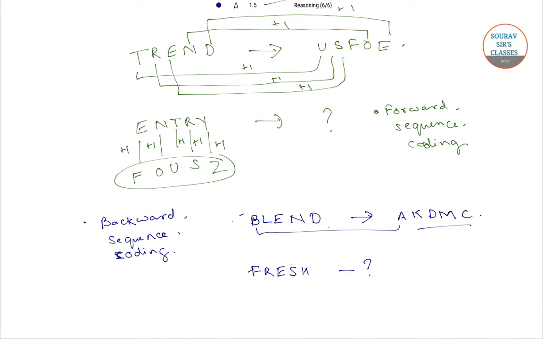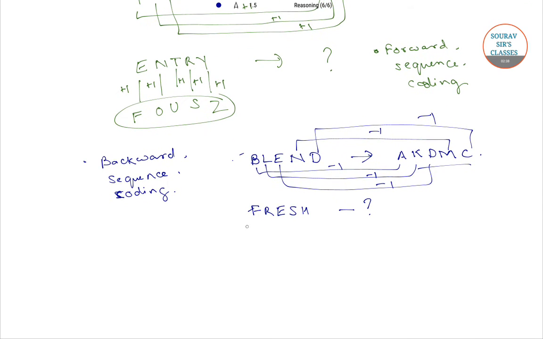Here B minus 1 is equal to A, L minus 1 is equal to K, E minus 1 is equal to D, N minus 1 is equal to M, and D minus 1 is C. So similarly we would have F minus 1 is equal to E, R minus 1 is equal to Q, E minus 1 is equal to D, S minus 1 is equal to R, and H minus 1 is equal to G. So FRESH would be coded as EQDRG.